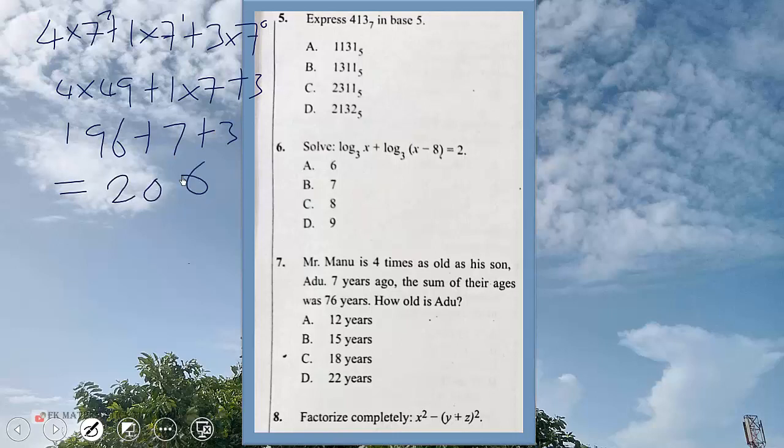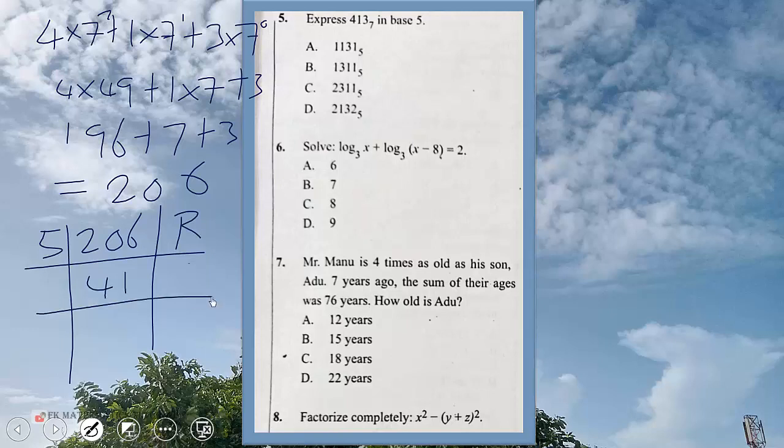So quickly we divide. We have the number here, which is 5, then we have 206, then we have the remainder here. So 5 will go into 206 41 times, remainder 1. Then 5 will go into 41 8 times, remainder 1.